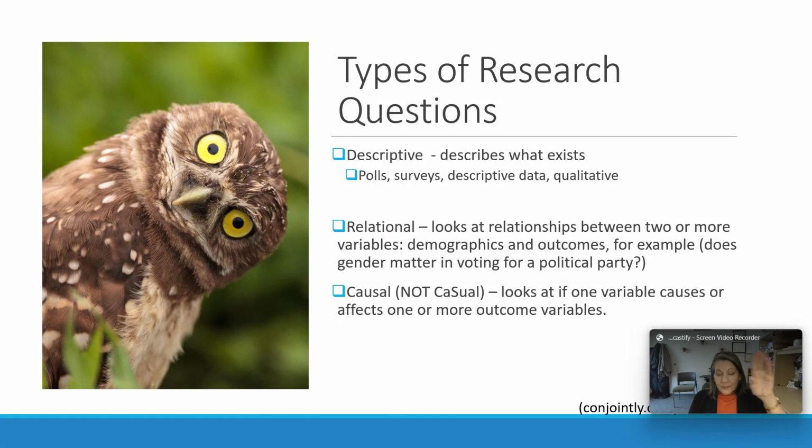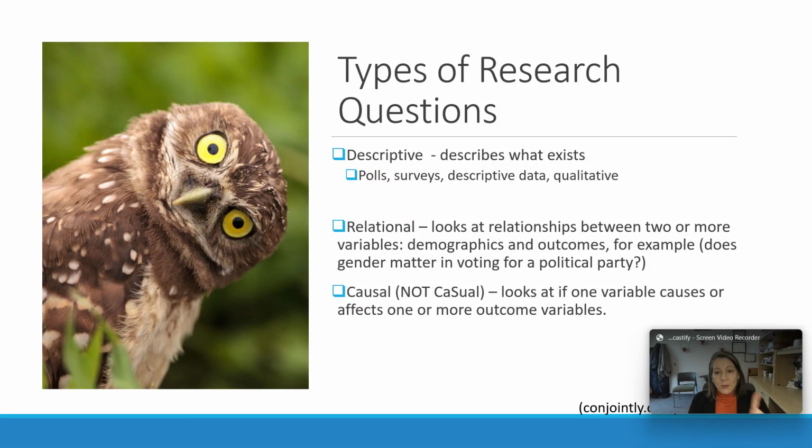Now, these things actually go in tiers. A relational study is going to have descriptive data behind it, whether it be from a previous study or it might include some descriptive data in the study, okay? The final type of research question is a causal, not casual, but a causal relationship.